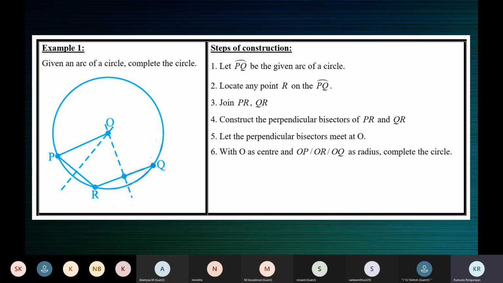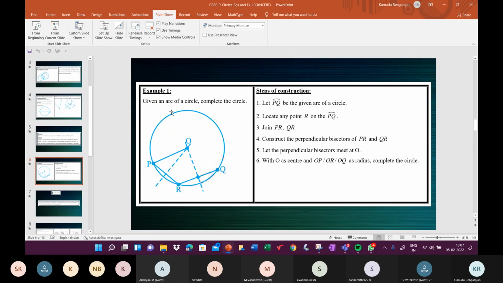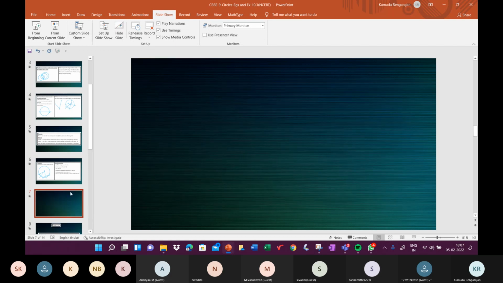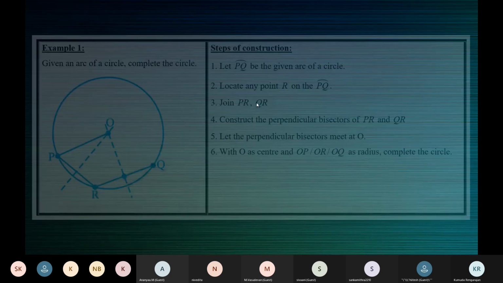Given an arc of a circle, complete the circle.